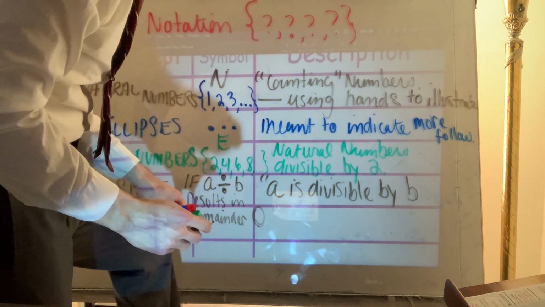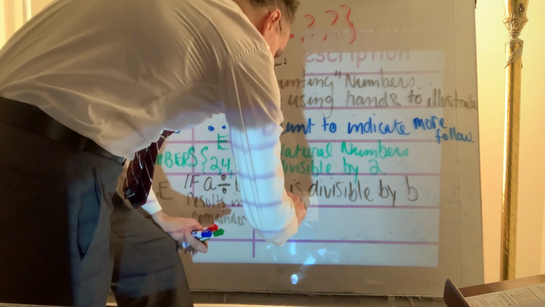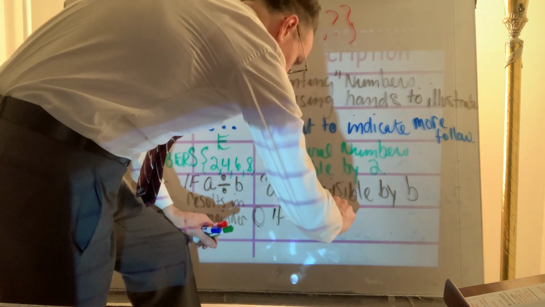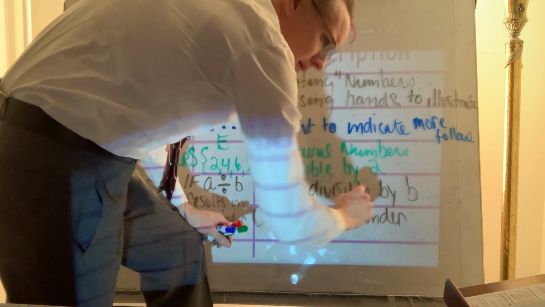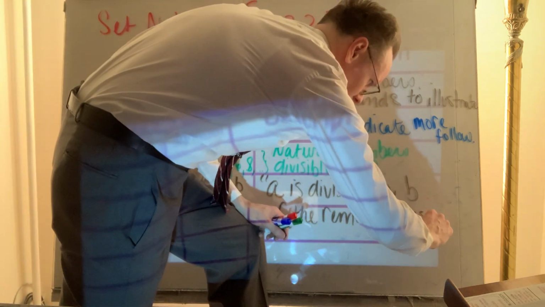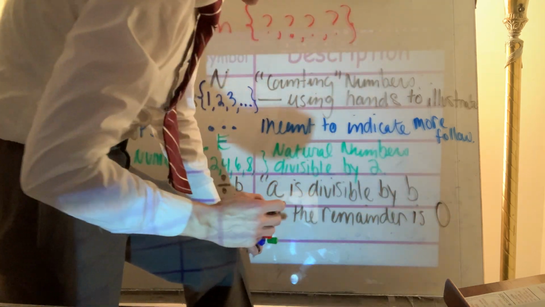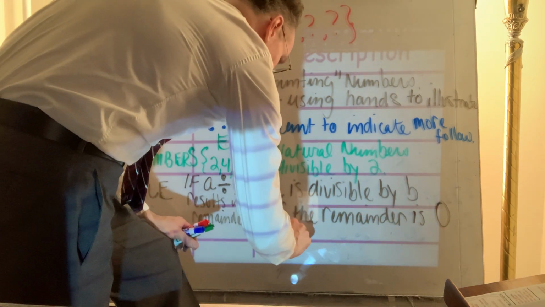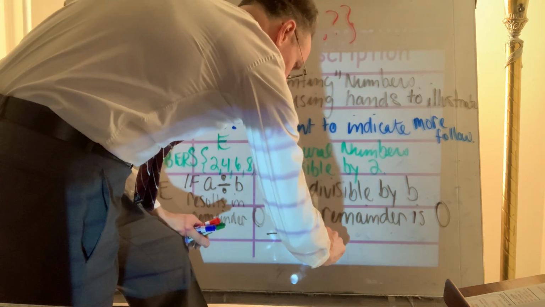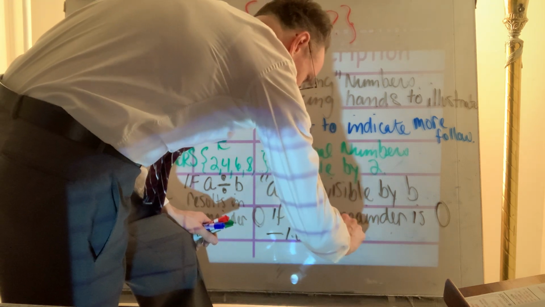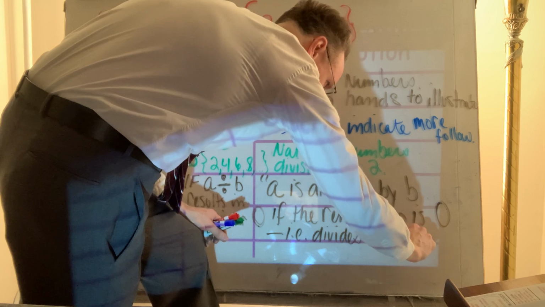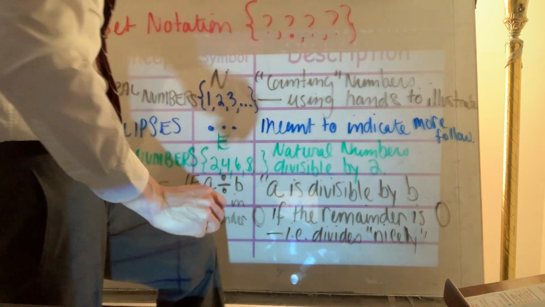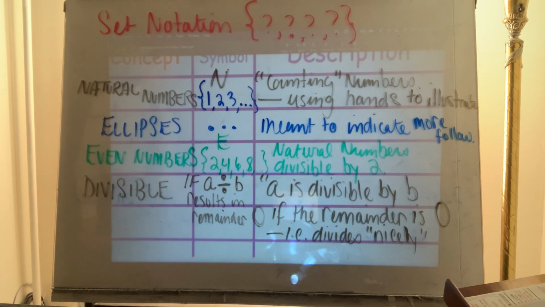A is divisible by B if the remainder is 0, i.e. it divides nicely. That's just my own way of referring to it, and it's not very formal to say it that way, but I think it gets at the feeling.